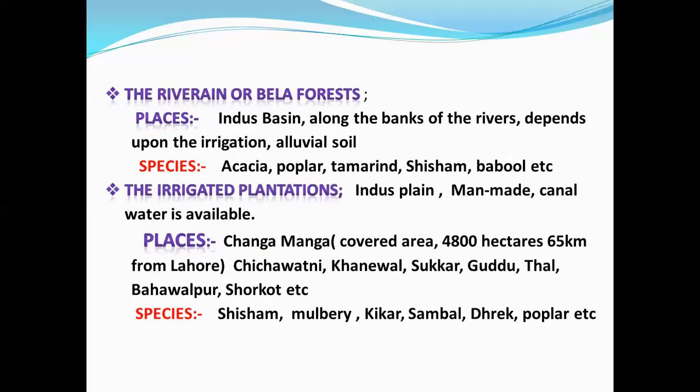Next, the irrigated plantation. These are man-made forests having been grown after clearing the warm tropical thorny forest in the area where canal water is available.